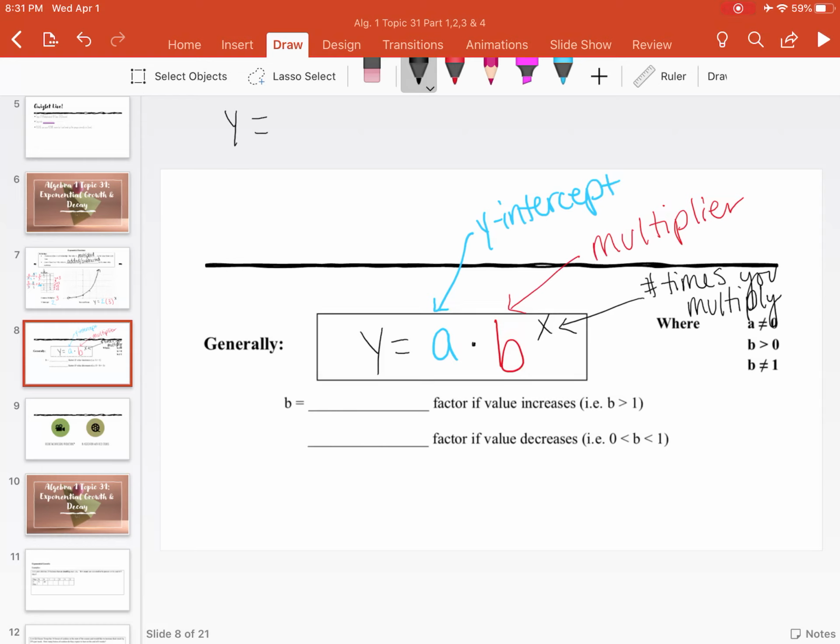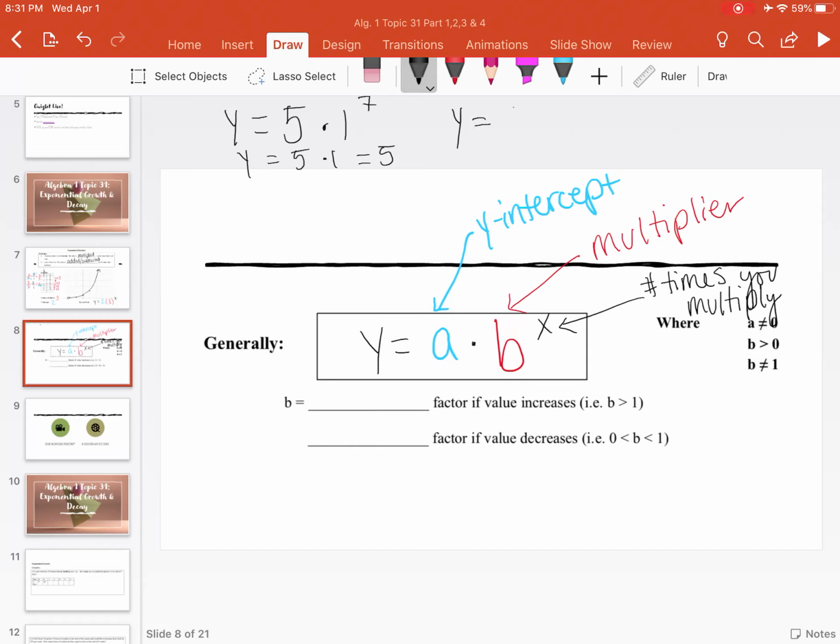If we had y equals, let's say our y-intercept is 5, and B was 1, and we want to plug in 7 for x. Well, what is 1 to the 7th power? That's 1 times 1 times 1 times 1 times 1 times 1 times 1, which is just 1. So we would get y equals 5 times 1, or 5.